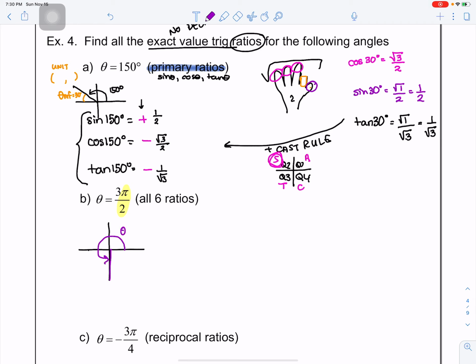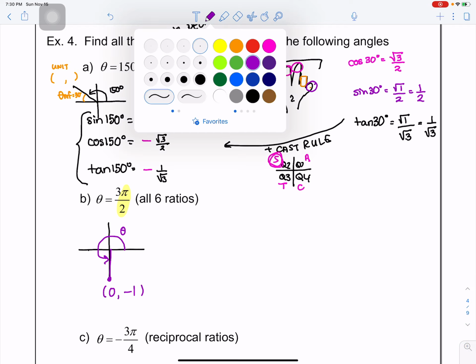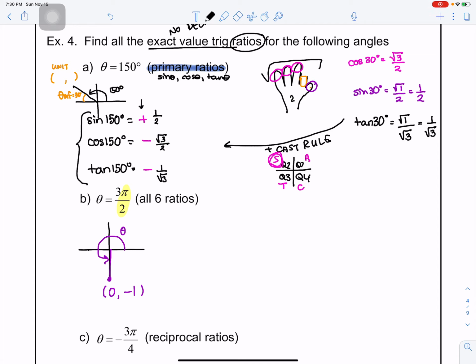It's hard to form a reference triangle, but if I'm looking at the ordered pair that sits right here on the unit circle, my x-coordinate is 0, but I've gone a distance of -1 for the y-coordinate because I'm sitting on the edge of the unit circle. So my sine of theta is my y-coordinate, which is -1.